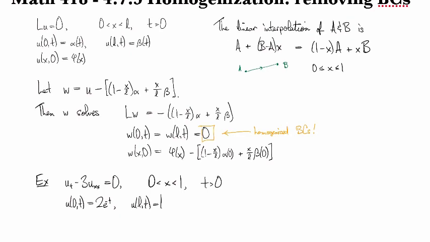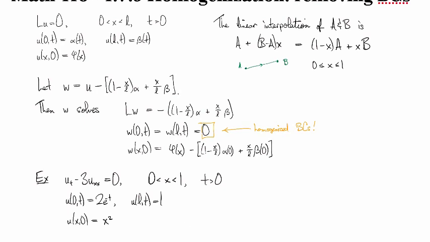And we'll take an initial condition of x squared. Okay, so then I'm going to let w be u minus, and then I've got my 1 minus x times 2e to the minus t on the left-hand side plus x times 1 on the right-hand side.